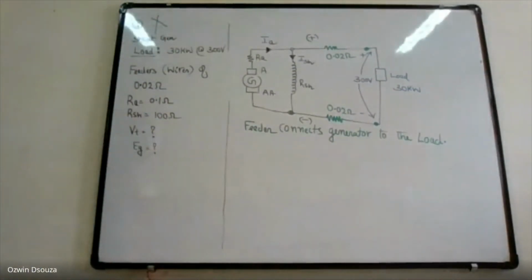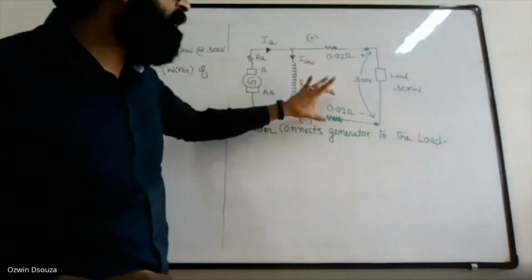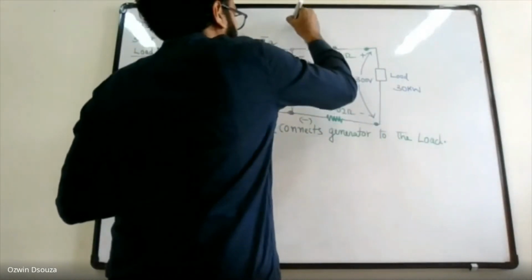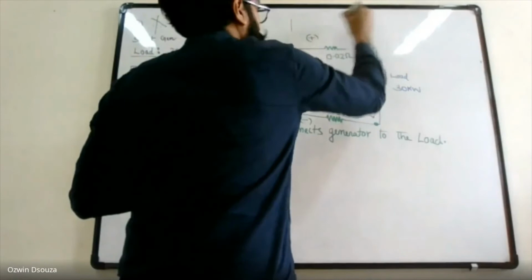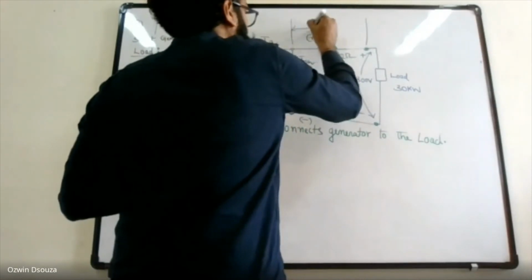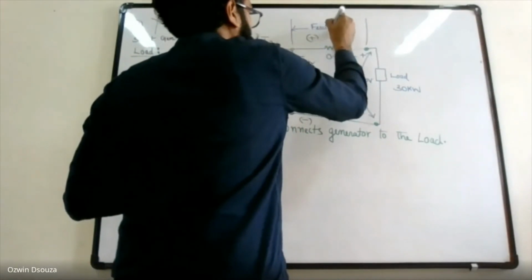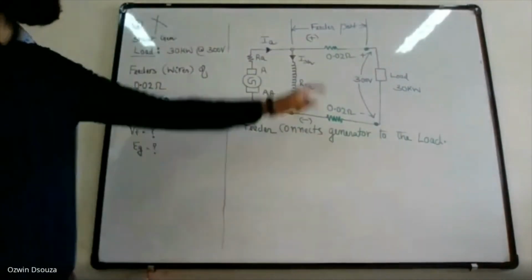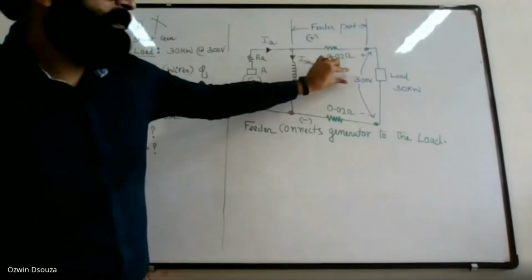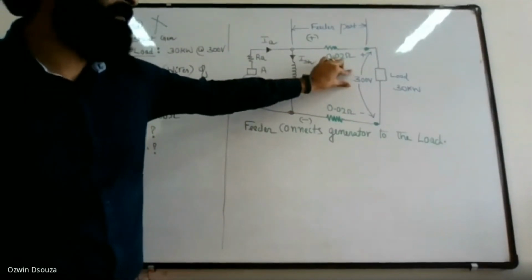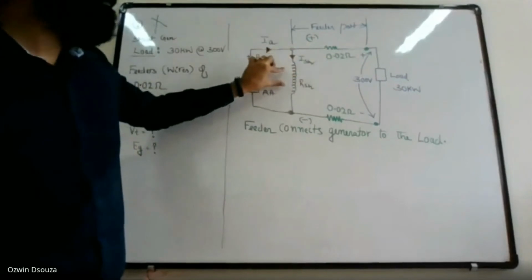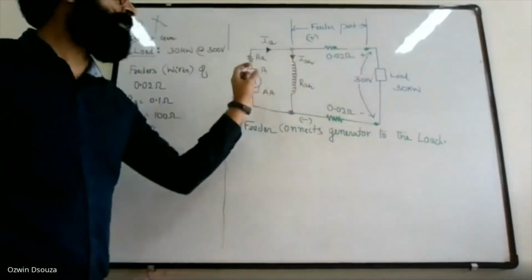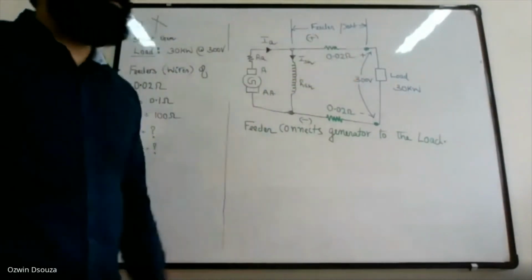Now what has happened due to the presence of feeder resistance? Due to the feeder resistance, the 300 volts present across the load will not be the same as that across the field winding, because there is some resistance between the shunt field winding and the load.